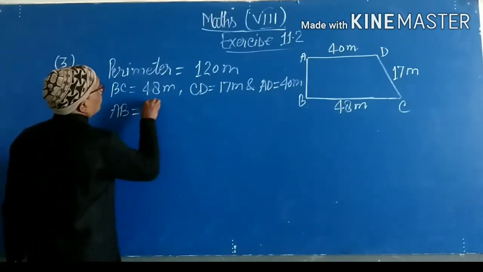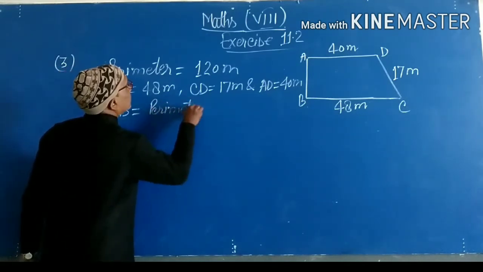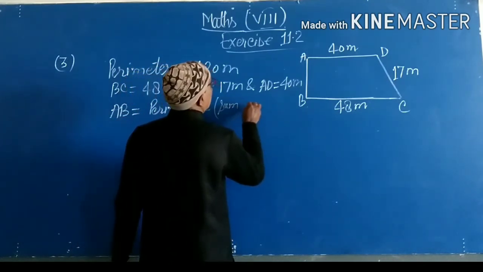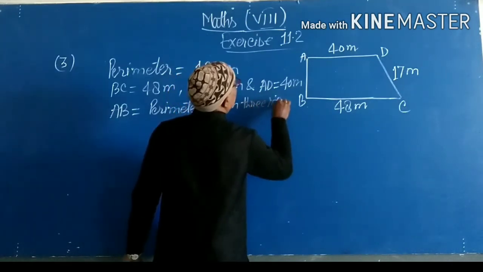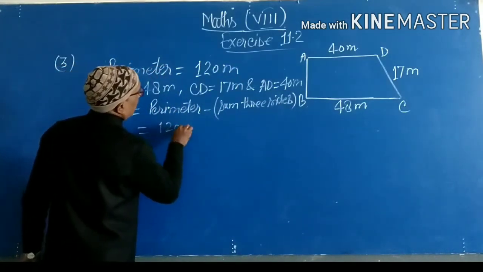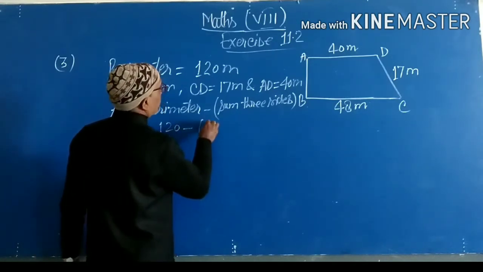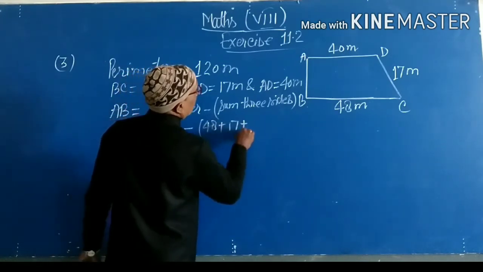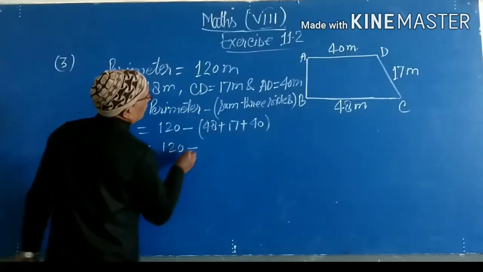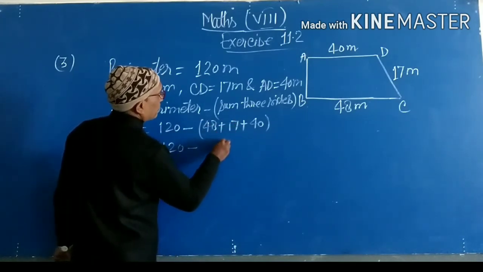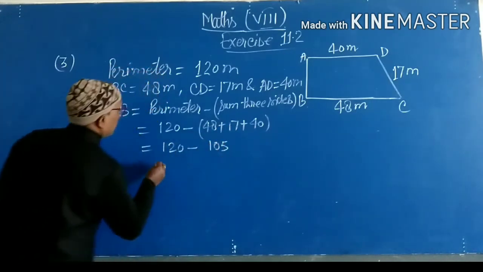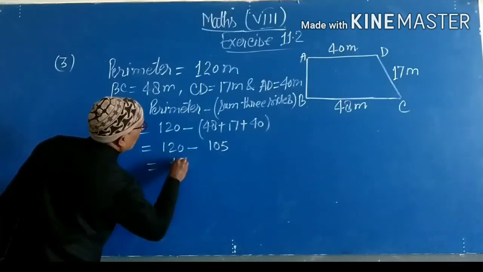AB is equal to perimeter minus sum of three sides, that is 120 minus in the bracket 48 plus 17 plus 40, that is 120 minus 105, that is 15 meter.